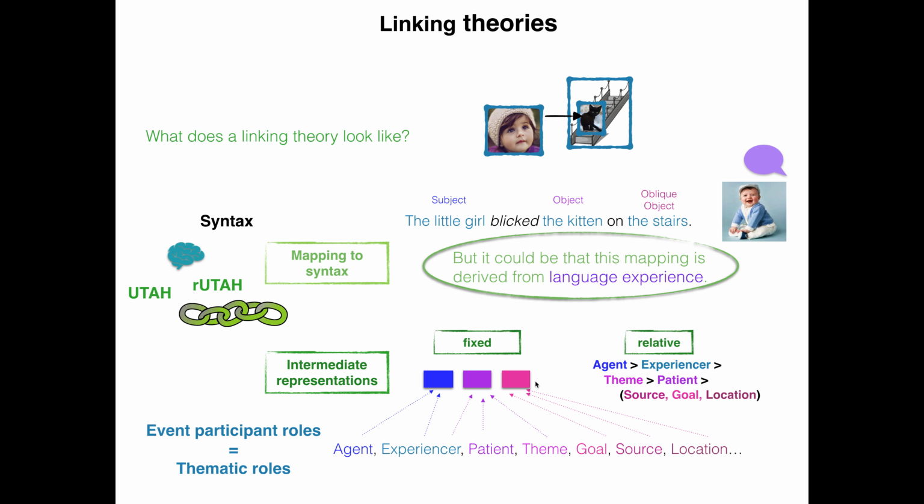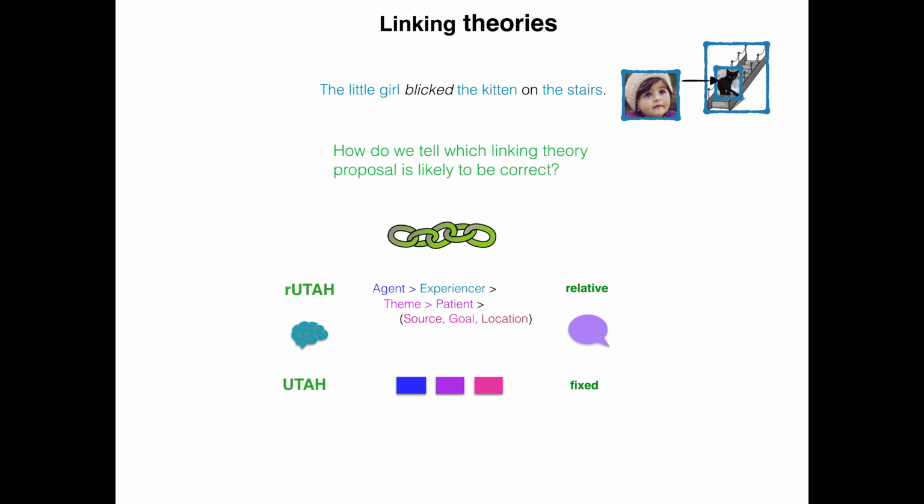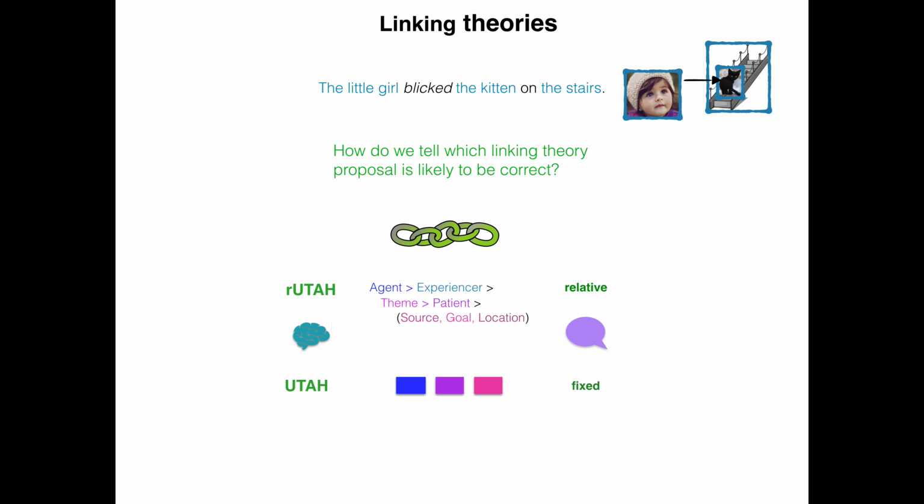So you still have whatever thematic representation you're using, whether it's the fixed one or the relative one, but you're learning what the mapping is between that intermediate representation and the syntactic positions. So these are the derived alternatives, really, that maybe aren't discussed so much currently in the literature. And so these are all viable options for linking theory proposals. So the question is, which is likely to be correct?